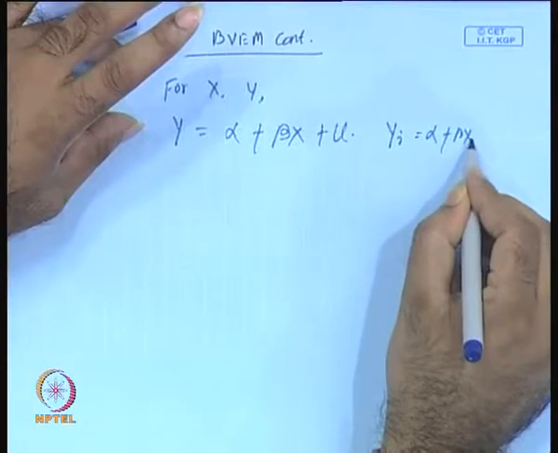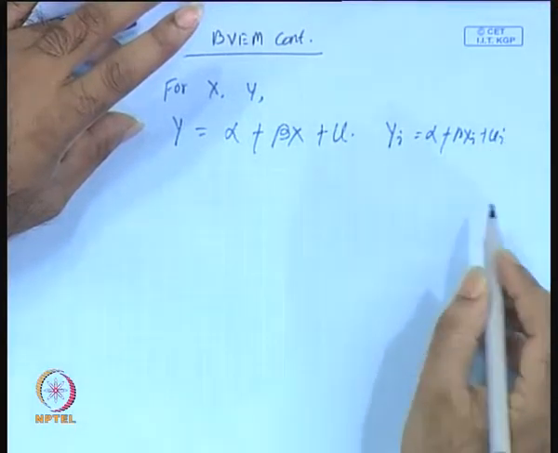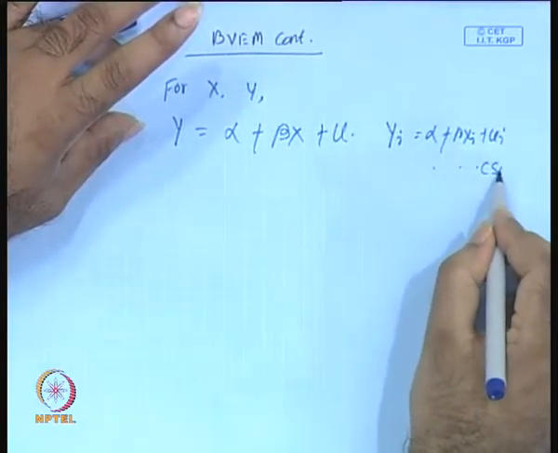Briefly, the three structures of bivariate econometric modeling are represented like this: y i equal to alpha plus beta x i plus u i is cross sectional modeling.